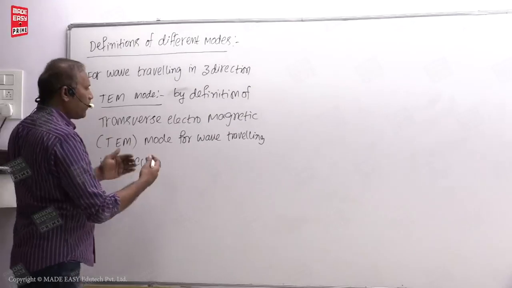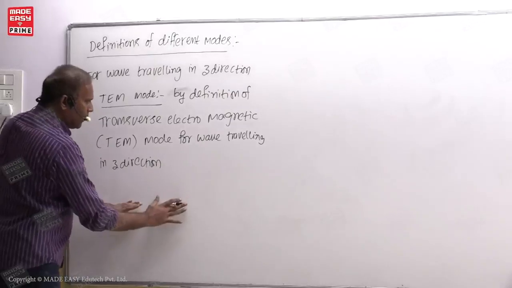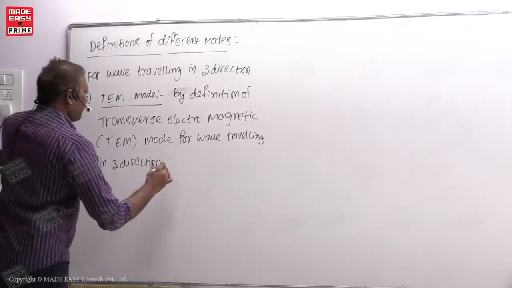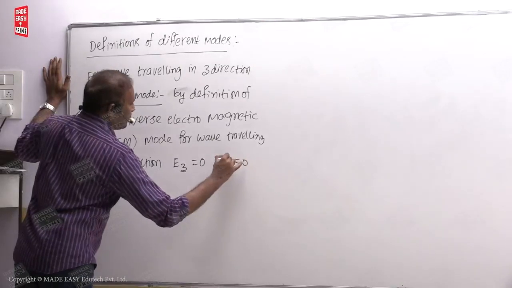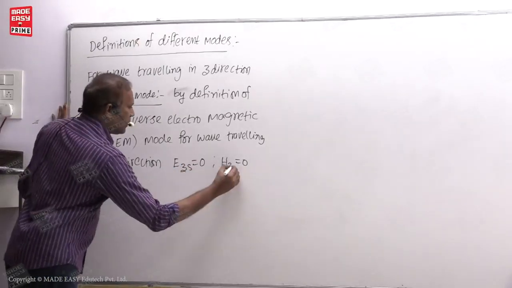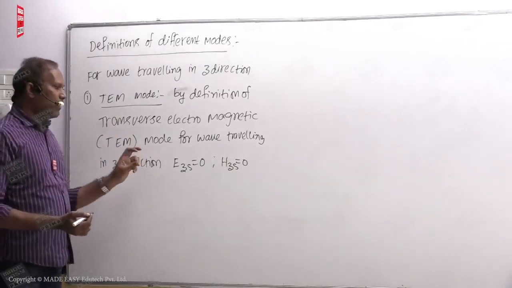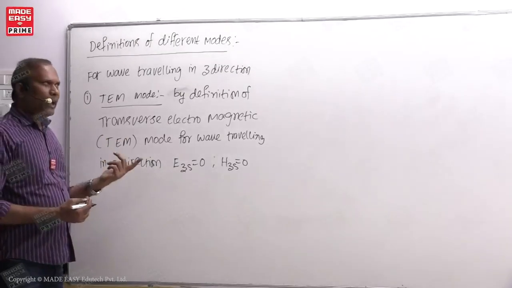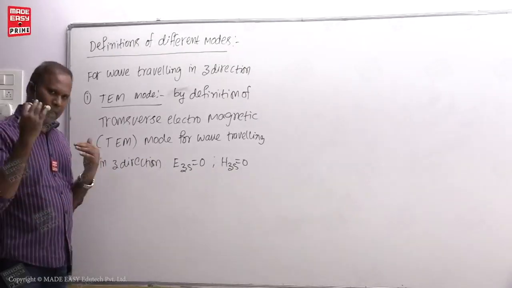Again you will not be observing this one. That is why I am stressing that this definition is valid only for a wave traveling in z direction. Ez is equal to 0 and Hz is equal to 0. If you write in phasor domain, EzS is 0, HzS is 0 in phasor domain, because we will do the derivations in phasor domain because they are very simple. Then if you want time domain, you have to multiply EzS with e power j omega t. Then you have to take the real part. That already we have discussed.